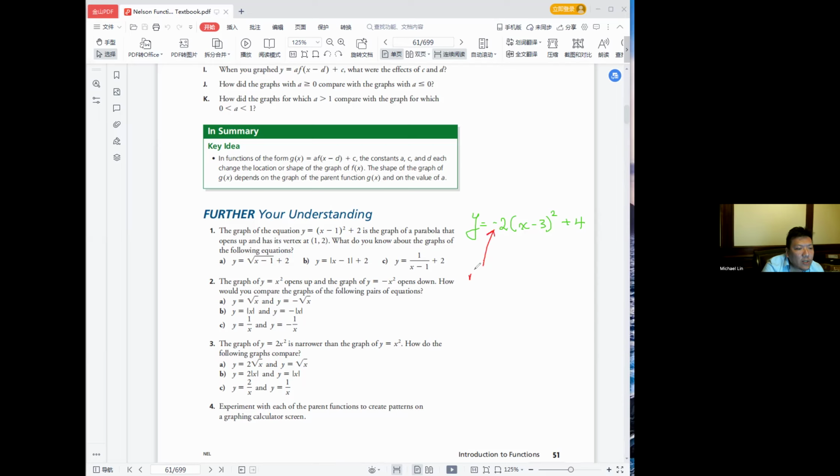This negative means it's a reflection in the x-axis, so it's been reflected upside down. The 2 represents a vertical stretch by a factor of 2. The -3 represents moving 3 to the right, and the +4 represents 4 up.